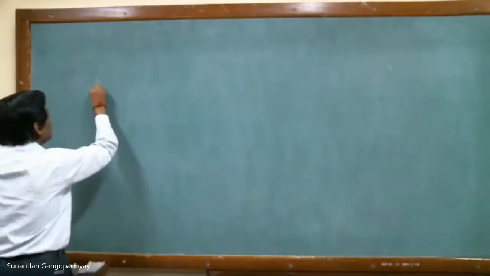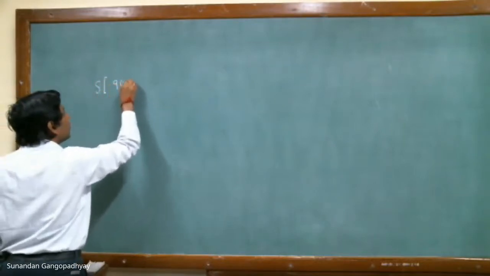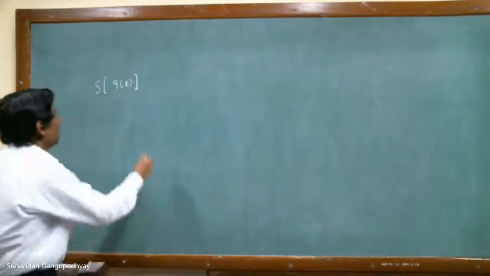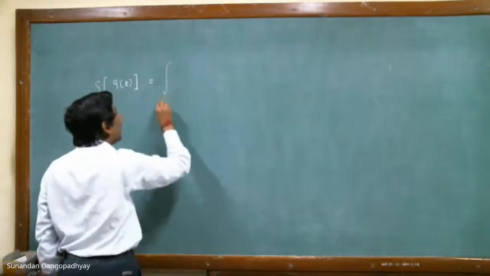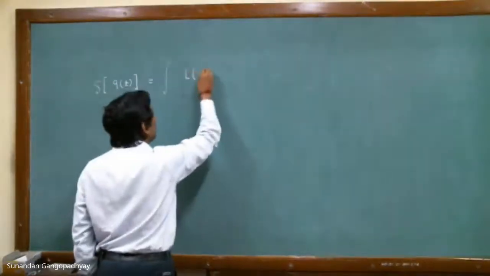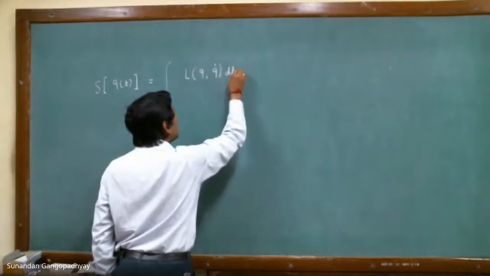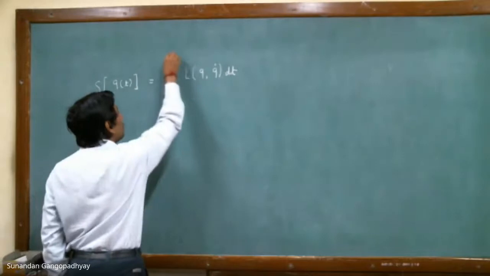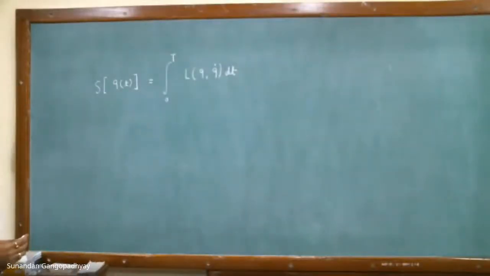All of us know that the action, you can write it down in this way. The action is basically a functional of q(t), from some initial time, say 0, to some final time capital T. What is this L?